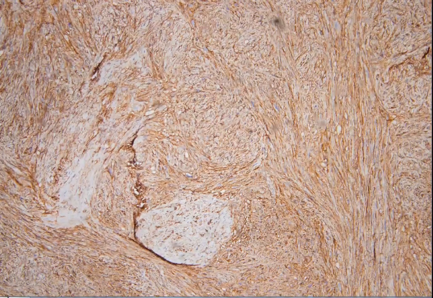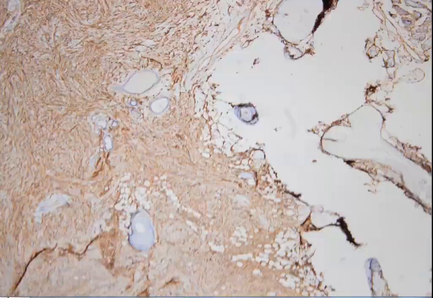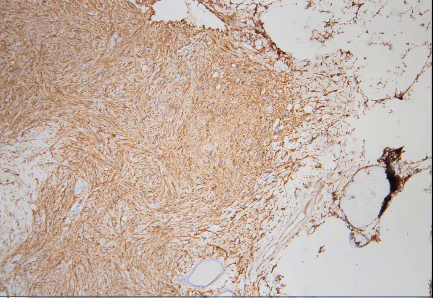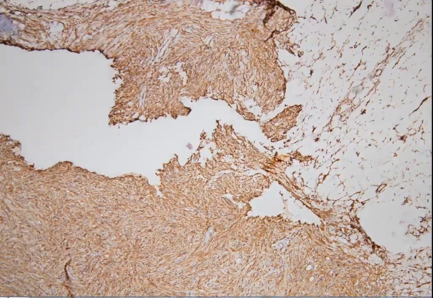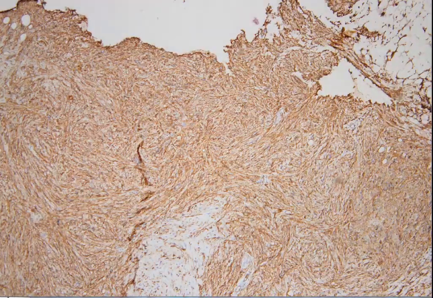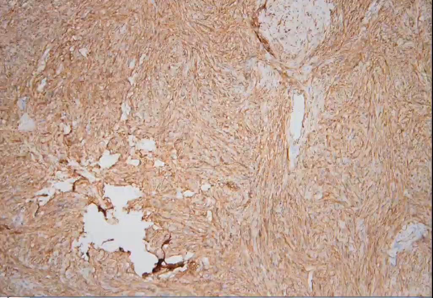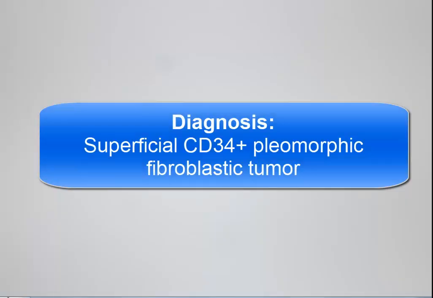I just selected CD31 because it's more specific for angiosarcoma, but CD34 was ordered later, and these tumor cells are positive for CD34. So the diagnosis is superficial CD34-positive pleomorphic fibroblastic tumor.